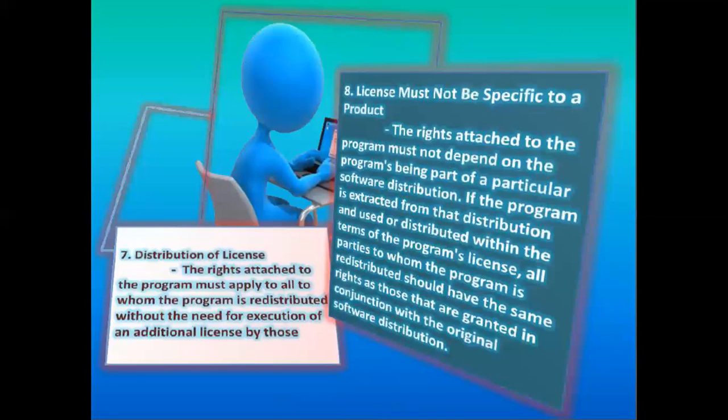Number seven, distribution of license. The rights attached to the program must apply to all whom the program is redistributed without the need of execution of an additional license by those.